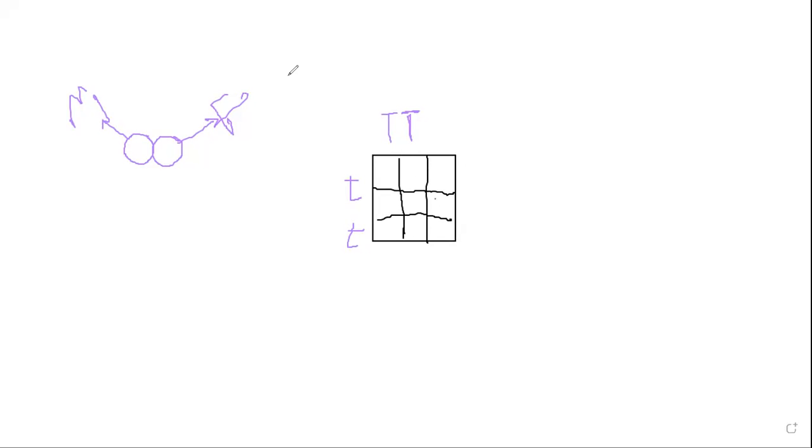We have the first parent, which carried only capital T, and the other one with only small t, which means he was the short one. Now let's see their offspring. How would they look? They will take only half from the first parent, which is capital T, and the other half from the other parent, which is going to be small t.